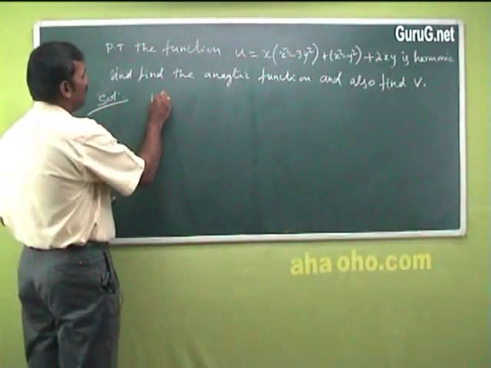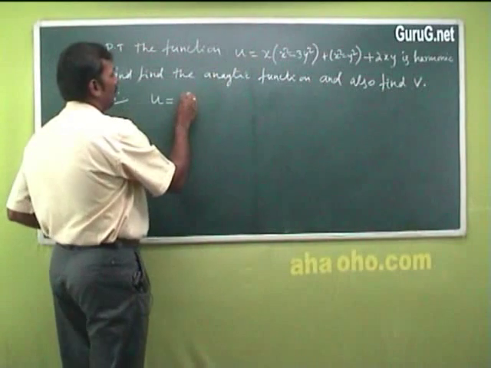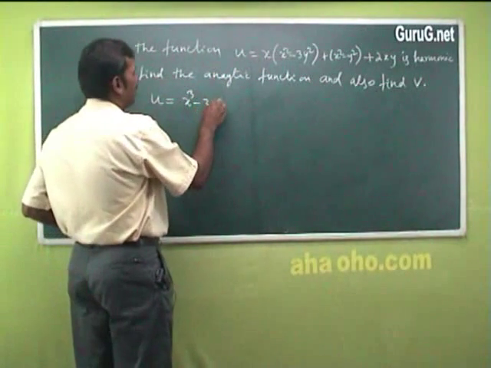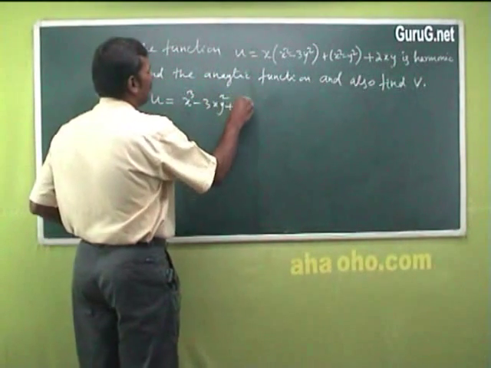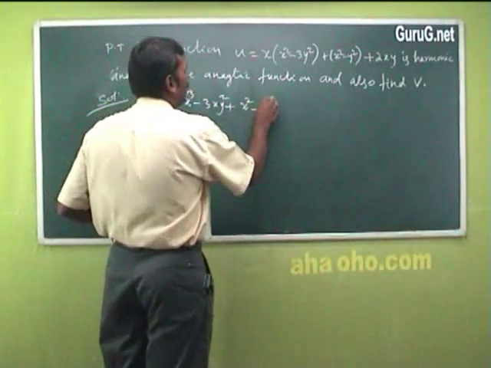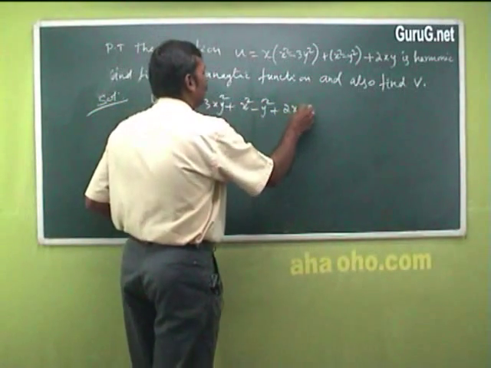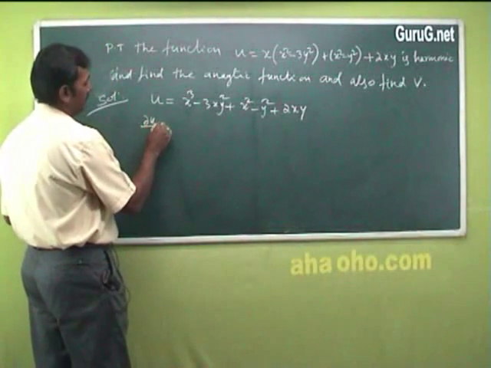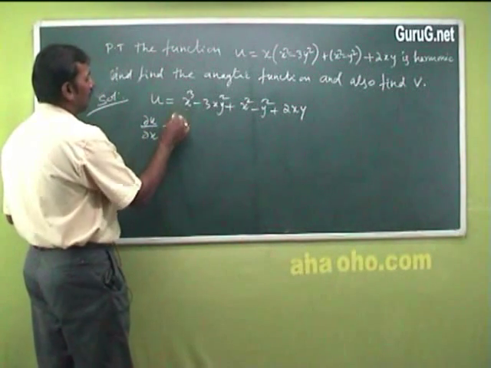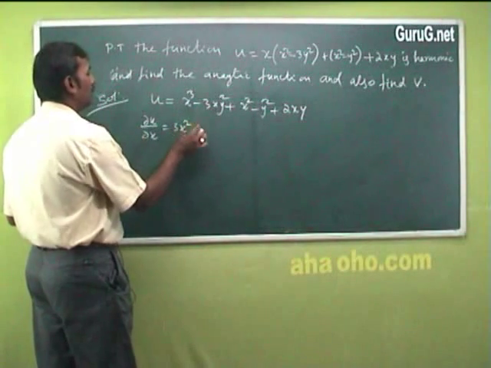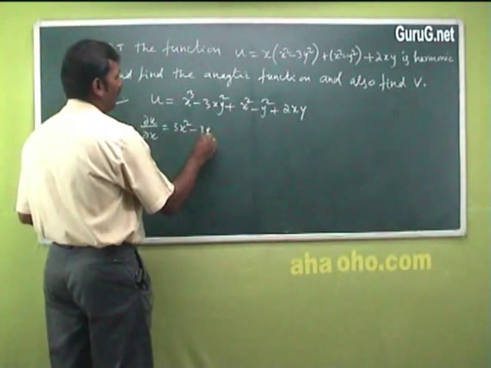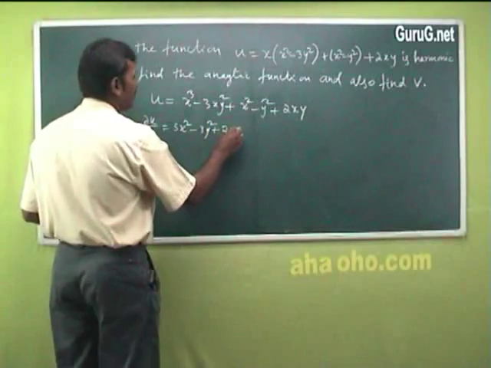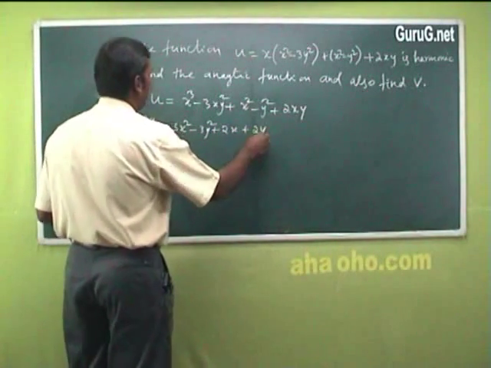So u is given; multiplying by x, u equals x cubed minus 3xy squared plus x squared minus y squared plus 2xy. Differentiating partially with respect to x, ∂u/∂x equals 3x squared minus 3y squared plus 2x plus 2y.